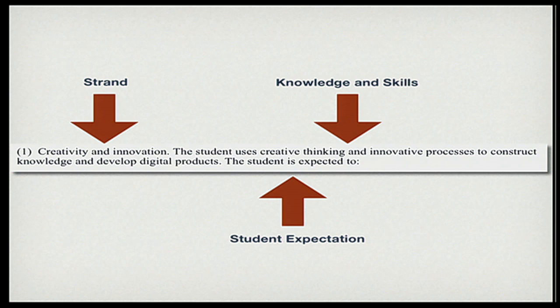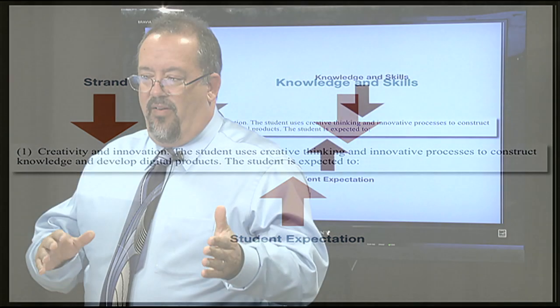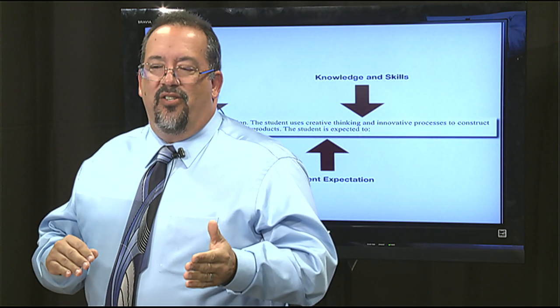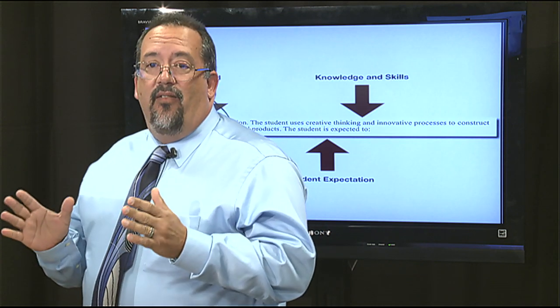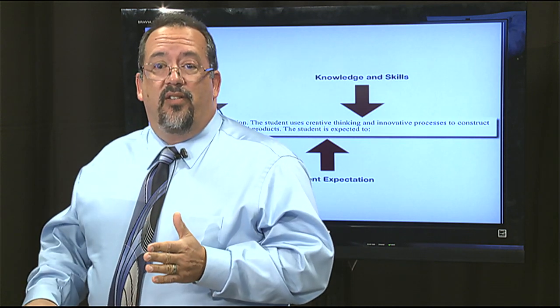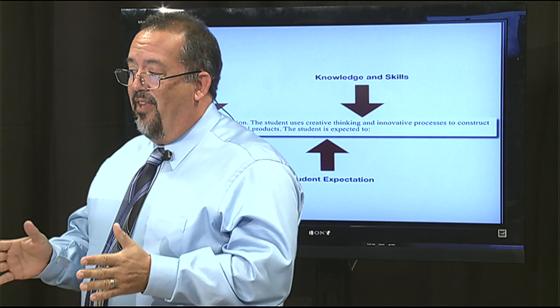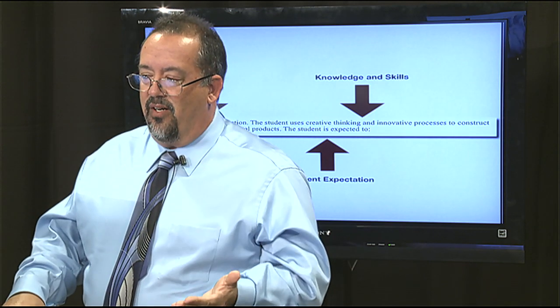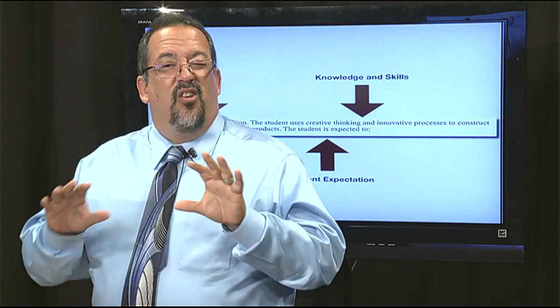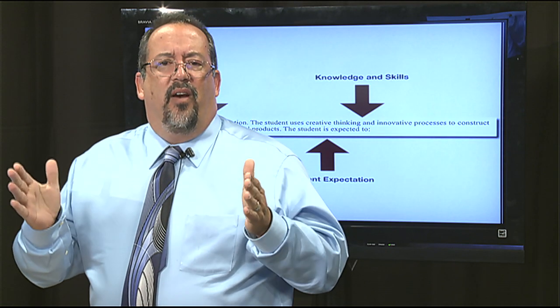So this is how a knowledge and skills statement is broken down for every single one of our TEKS. It starts off with the strand, in this case the creativity and innovation strand. It is then followed by the exact knowledge and skills statement: The student uses creative thinking and innovative processes to construct knowledge and develop digital products. Notice that it's very vague, very general.